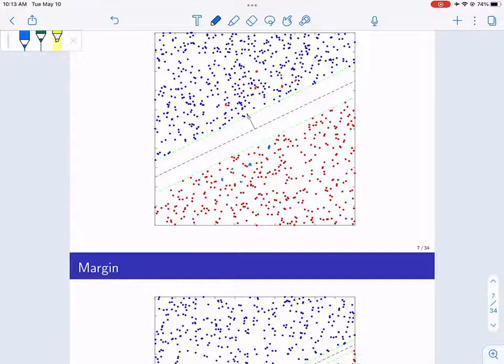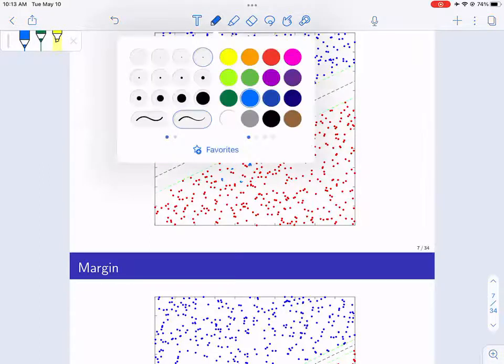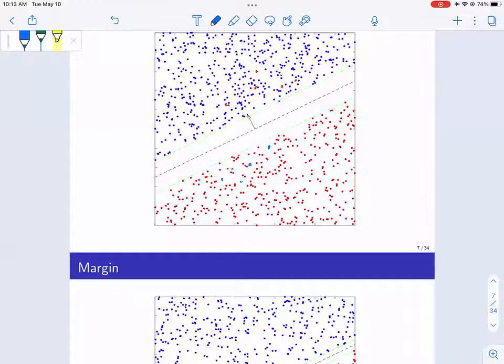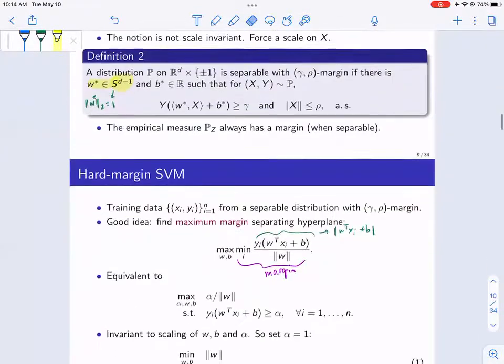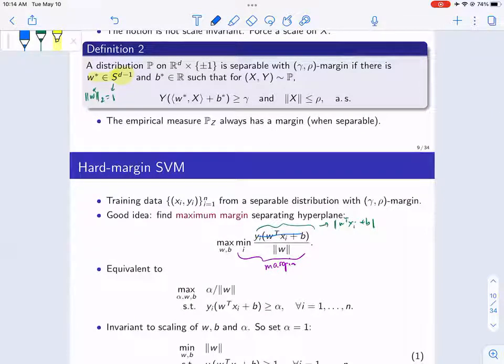Distance to the margin, but there's also the sign issue, right? The margin would be the distance to the hyperplane. These might be fine, but they're on the opposite side. So some of them have basically negative margin in a sense. So if you call this the margin, you can find a hyperplane for which the majority of things are positive, but for some of them, this would be negative, right?